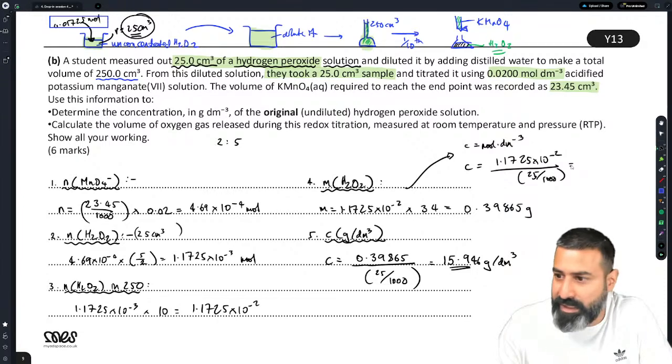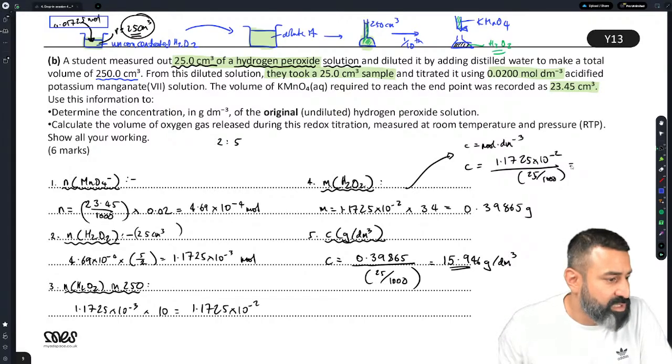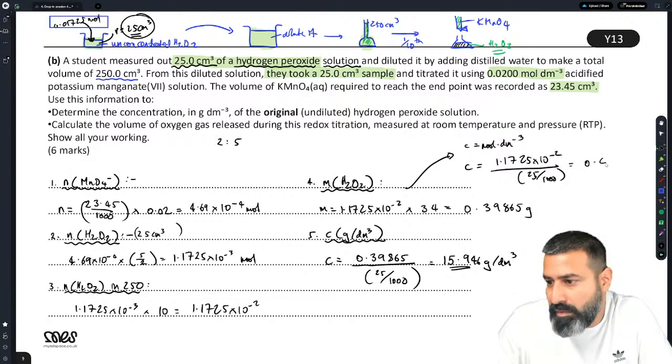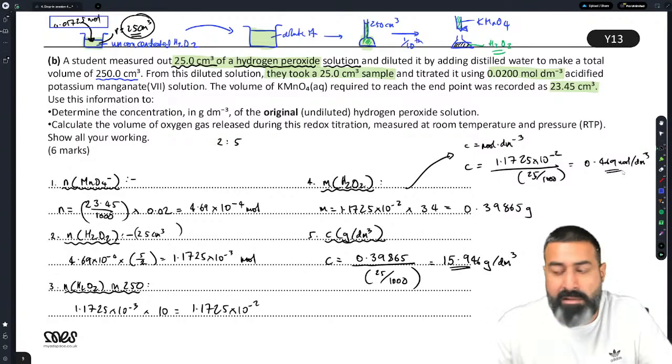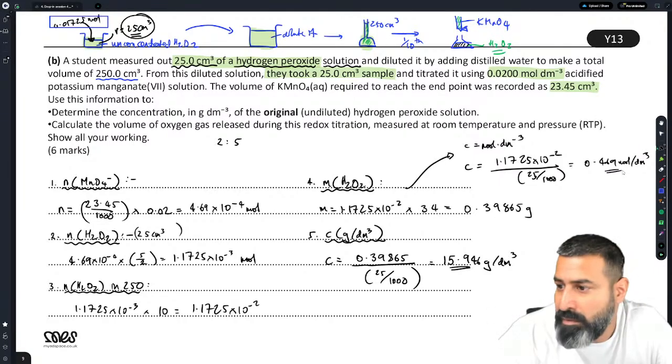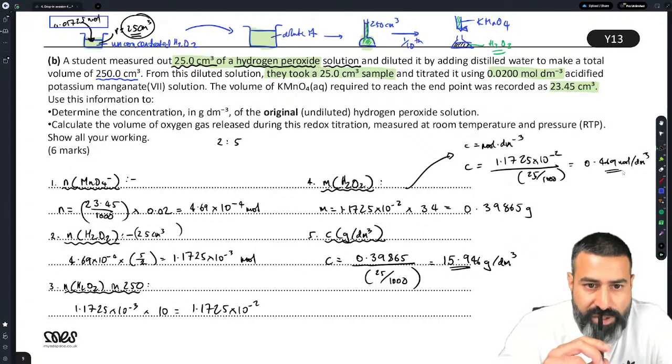I wonder what that would give us. Still going to be pretty high. So what, 0.469? Not that bad. Does that make sense? So there are two ways of doing the concentration.